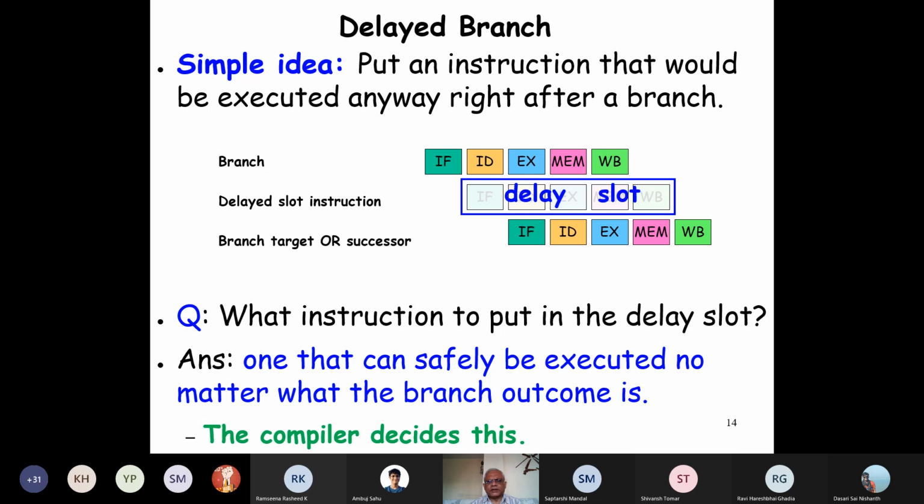The idea is very simple. For the MIPS pipeline, we will have two delay slots. And for some other pipeline, for simplicity, a single delay slot was shown. So that means that whenever there is a branch instruction, the next instruction is doubtful.